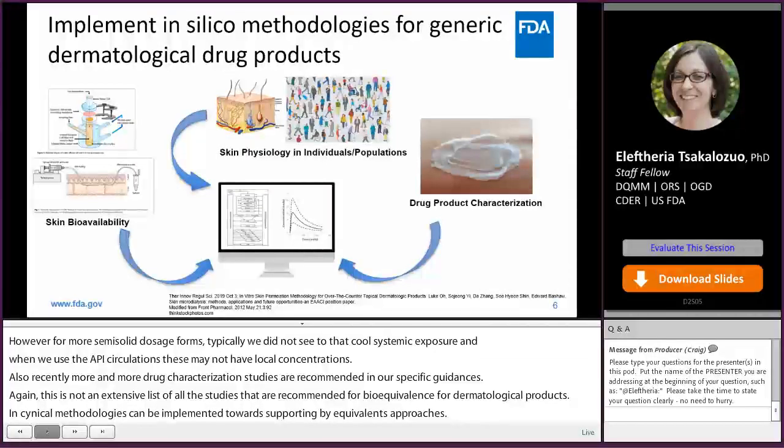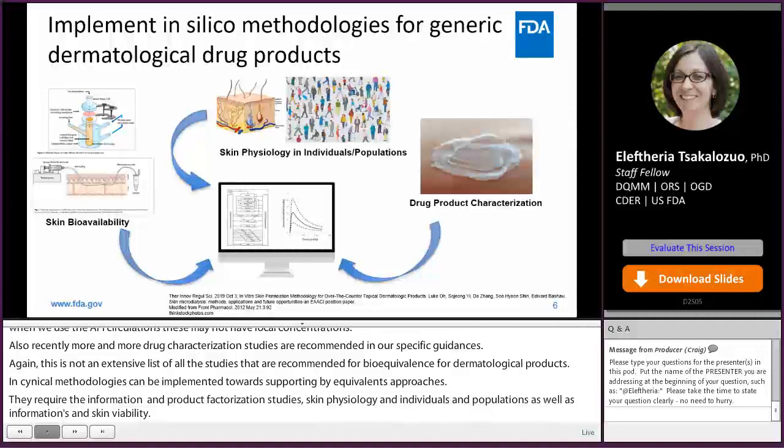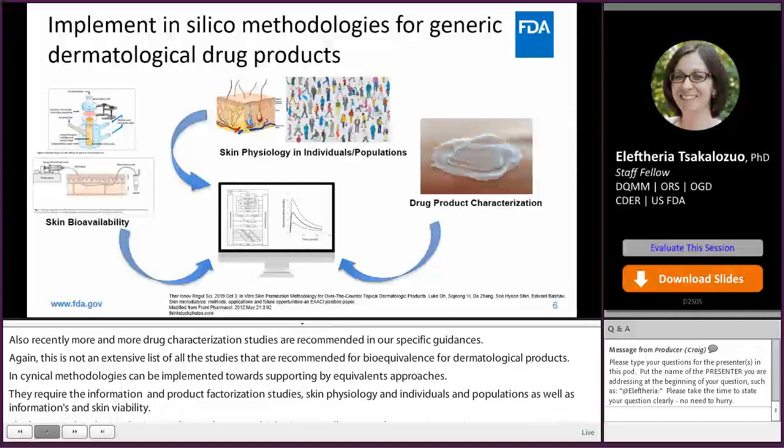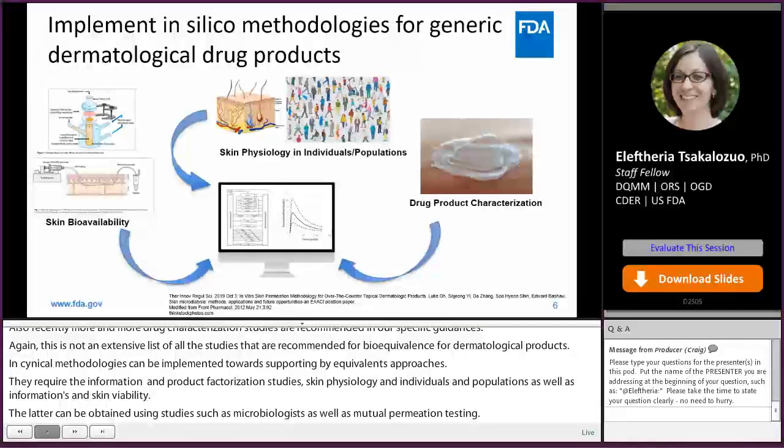The latter can be obtained using studies such as microdialysis, as well as in vitro permeation testing. All this information is integrated into a computational framework that allows us to predict amounts of the active pharmaceutical ingredient locally in the skin as well as in the systemic circulation.